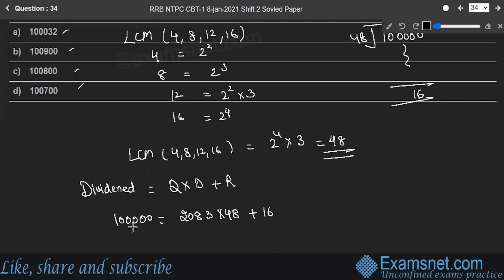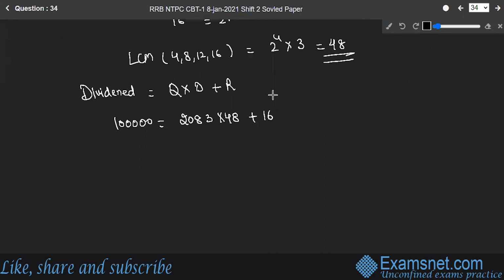Now, see, I'm getting a remainder of 16. I want to get rid of this 16. So I will subtract a 16 over here. If I'm subtracting a 16 over here, I'll subtract a 16 from this side also. And it's of course going to be a multiple of 48. So I'll add a 48 on both the sides. I hope you got this thing. I want to get rid of this remainder so that it can be an exact multiple.